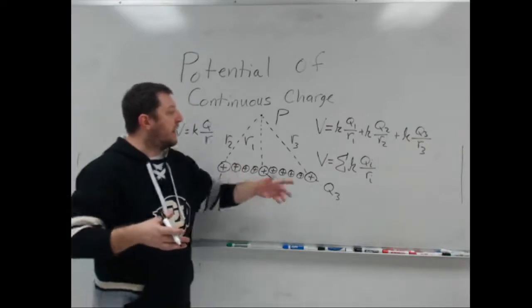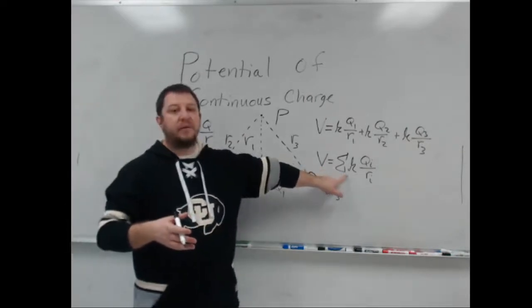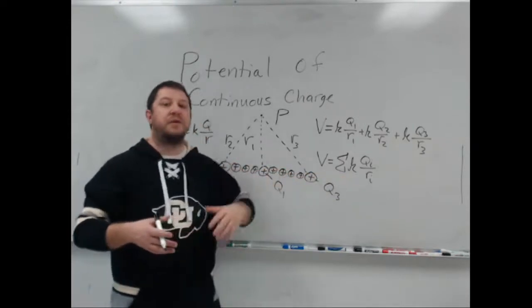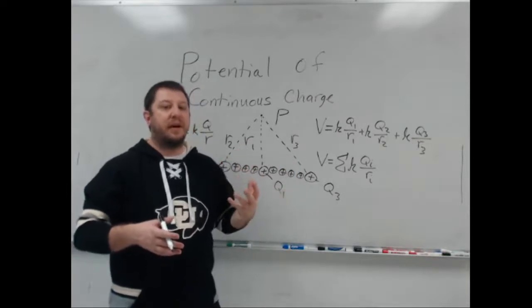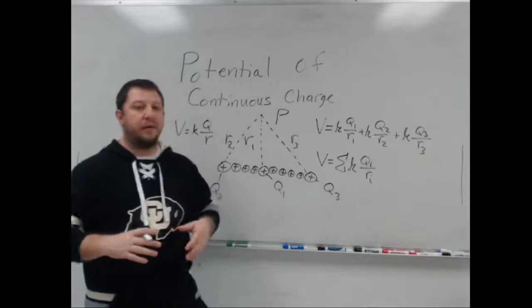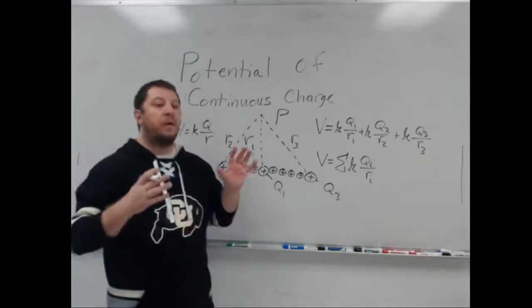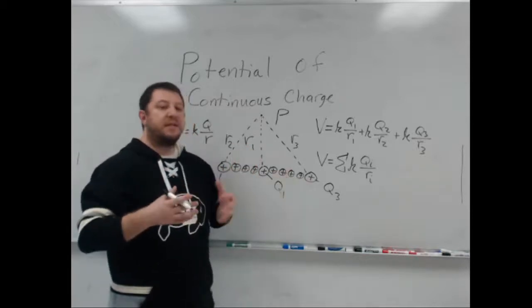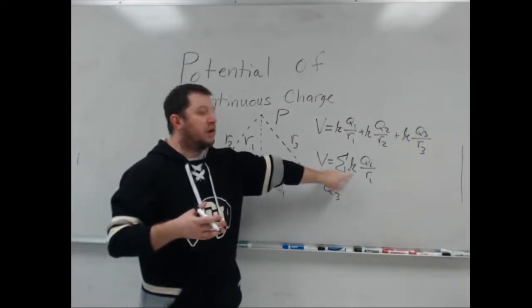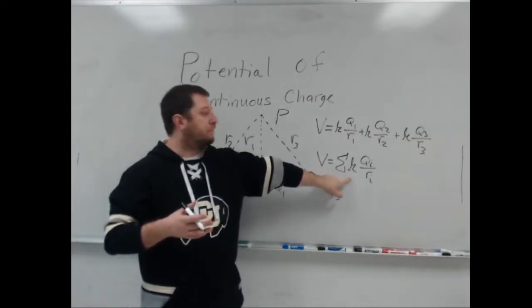And when you have that, it's not practical to use a summation and calculate each individual potential for each individual charge and then add them all up. That's a lot of computation time, whether you're doing it by hand or trying to put this into a calculator or a computer. So when you have what is essentially a continuous distribution of charge, you don't have to use this summation.